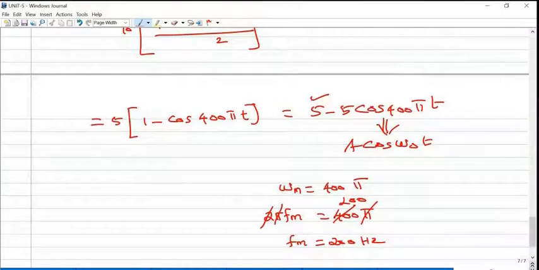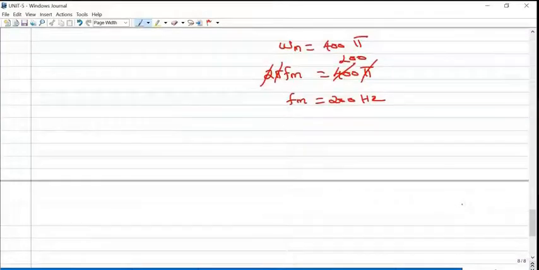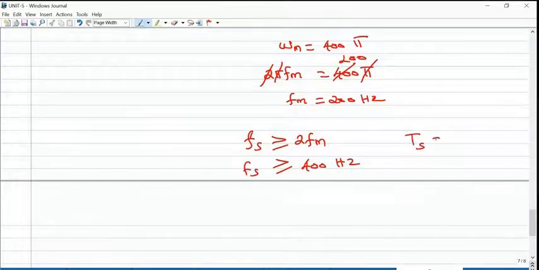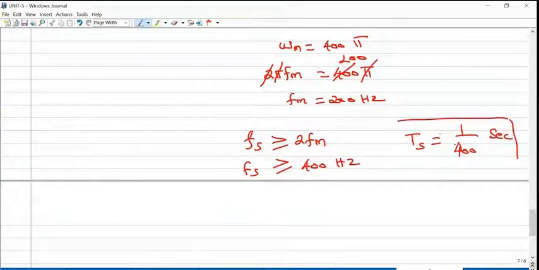As per the Nyquist sampling rate, the minimum sampling frequency fs should be greater than or equal to 2 times fm. So therefore 2 into 200, 400 hertz. Sample period Ts equal to 1 by 400 second.